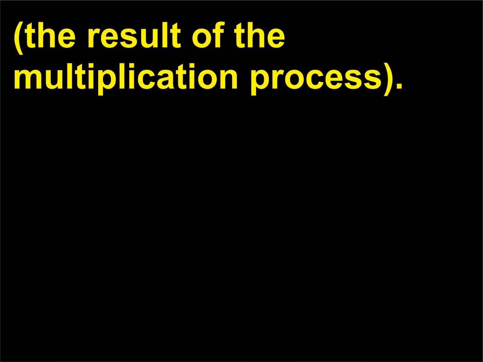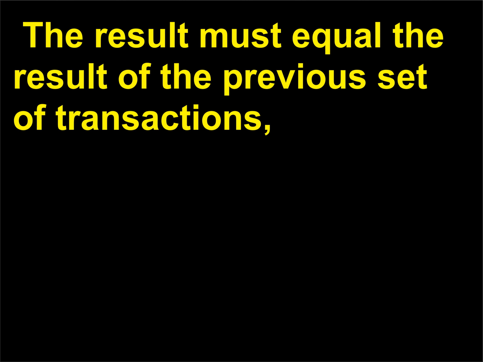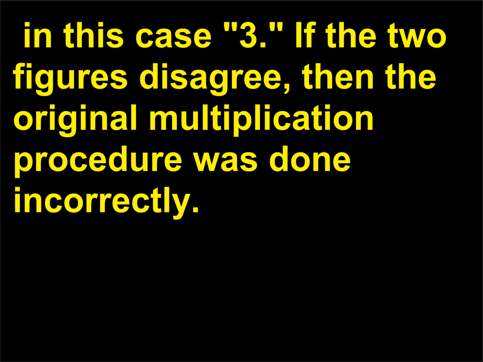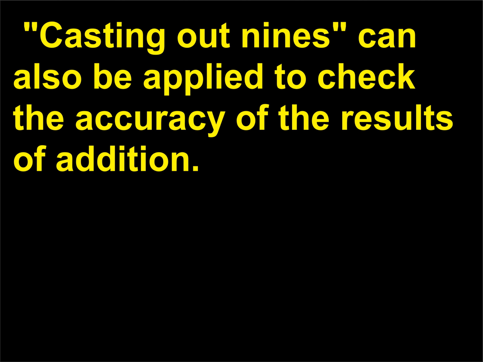The result must equal the result of the previous set of operations, in this case 3. If the two figures disagree, then the original multiplication procedure was done incorrectly. Casting out nines can also be applied to check the accuracy of the results of addition.